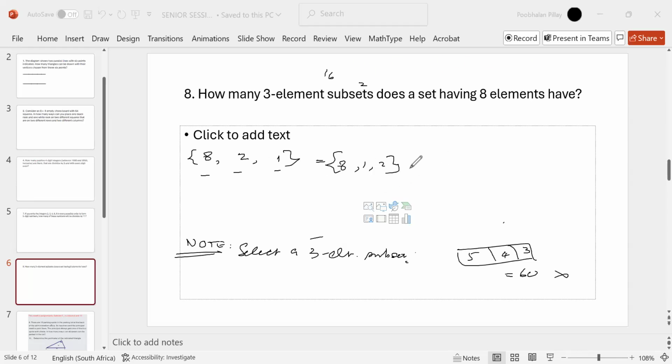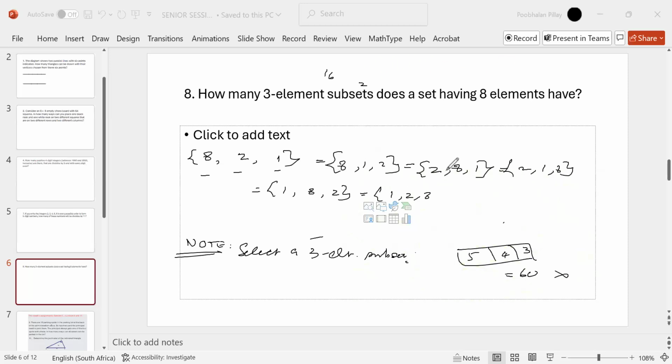See? Now, how many ways can you actually rewrite this set? You could have 8 in the first one, you could have 2, 8, 1, or you could have 2, 1, 8, or you could have 1, 8, 2, or you could have 1, 2, 8.